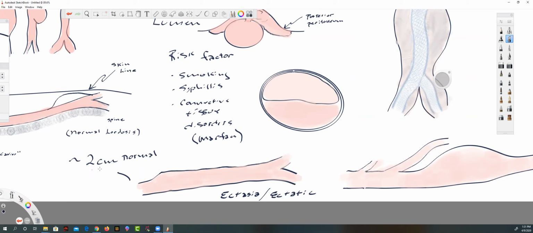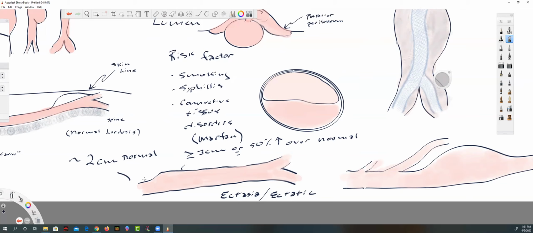This is a middle of the road number, because we don't really call it aneurysm until it's equal to or greater than 3 centimeters or 50% increase over normal. So 50% increase over normal.